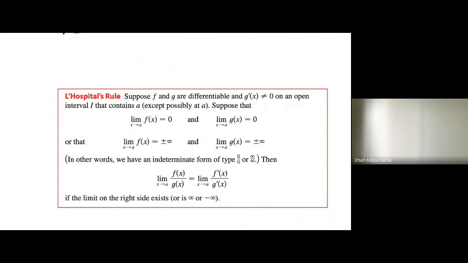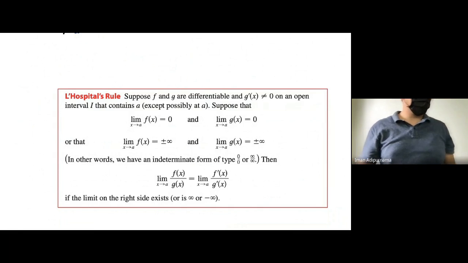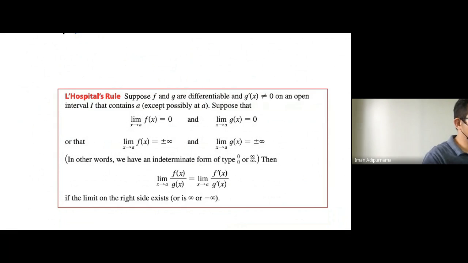Which means if you see 0/0 or infinite over infinite, or negative infinite over infinite, then we can apply the L'Hopital rule. We can take the derivative of the top and the bottom. Of course, we need to prove that the limit exists.